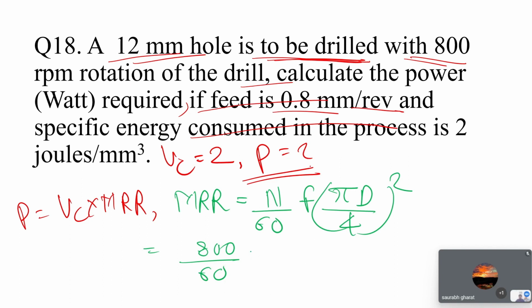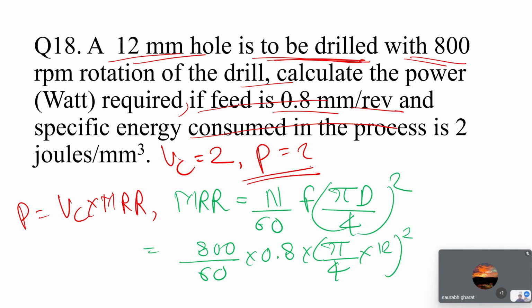So your feed will be 0.8 into pi by 4, into d. What is your d? It is mentioned, 12.